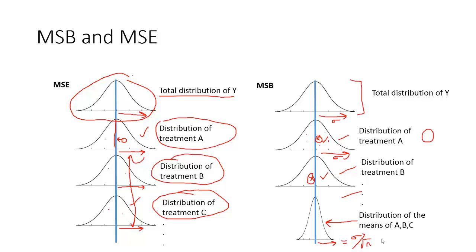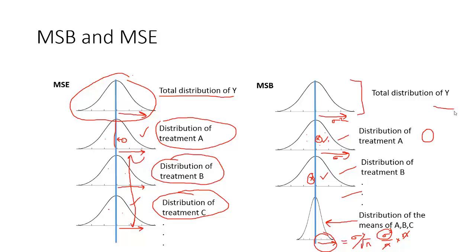Or you can think of it in variance terms and say it's sigma squared divided by n. Okay, so as long as I can compute this variance and then multiply it by n, I could cancel this out and get an estimate of this variance. So that's what I'm trying to do.